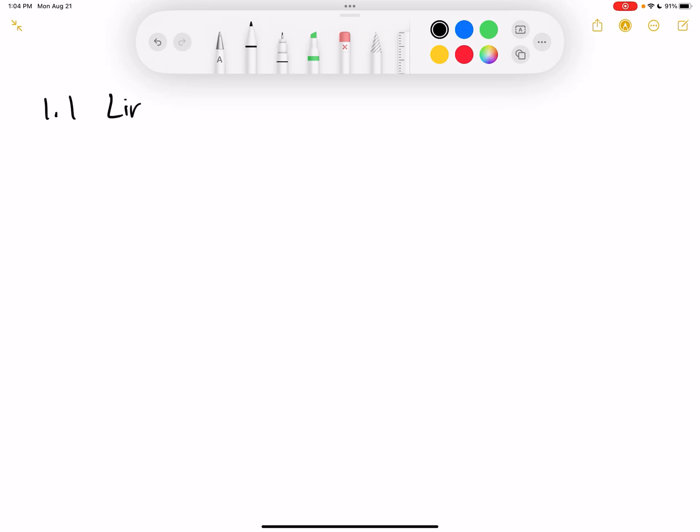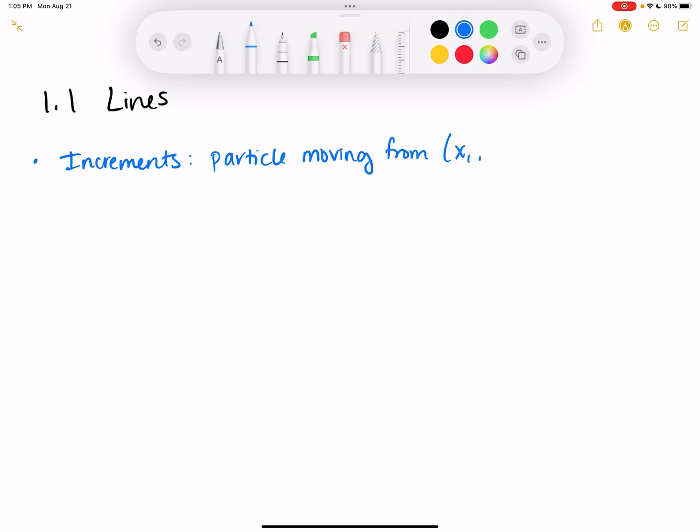All right, 1.1, lines. What a great name. All right. Some definitions, increments. Particle moving from x1, y1 to x2, y2.